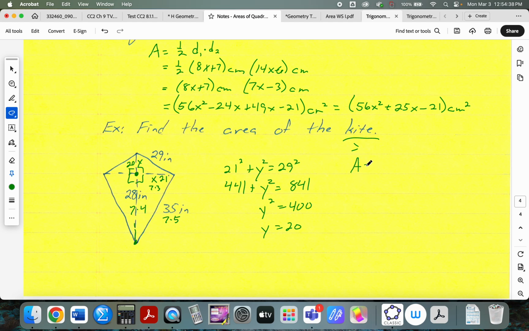So now the area is 1/2 diagonal 1 times diagonal 2. What's the length of the horizontal diagonal? 42. And how long is the vertical diagonal? 48.